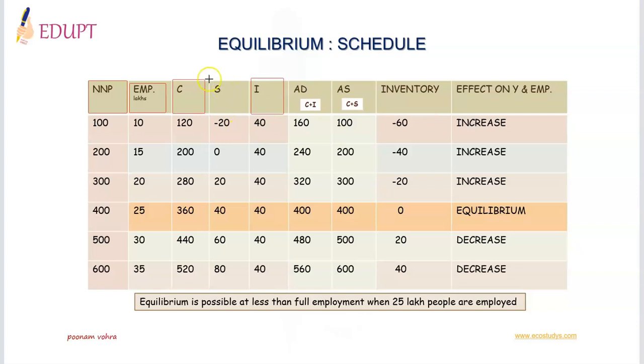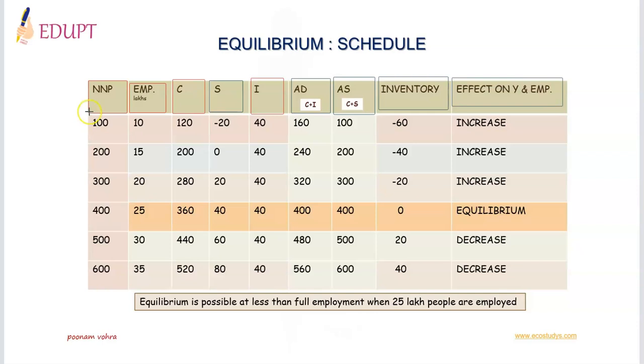It is possible to find savings when consumption is known. It is possible to find aggregate demand by adding consumption and investment. It is possible to find aggregate supply by adding consumption and savings. So one can always find the level of inventory and infer the impact on income and employment accordingly.